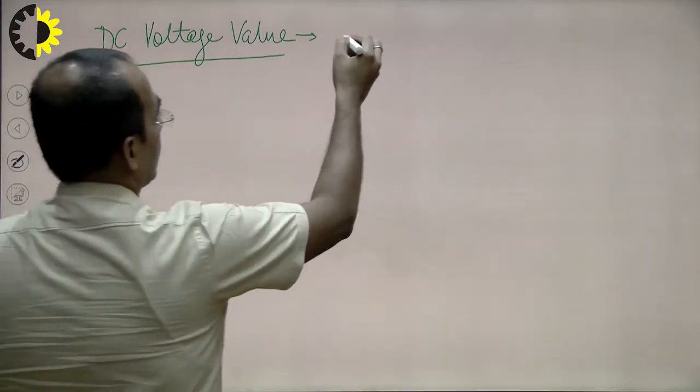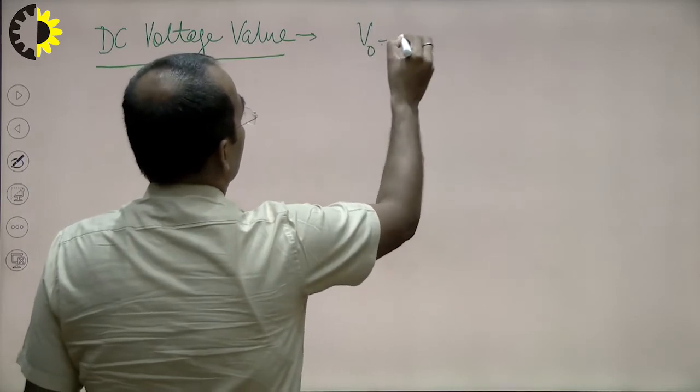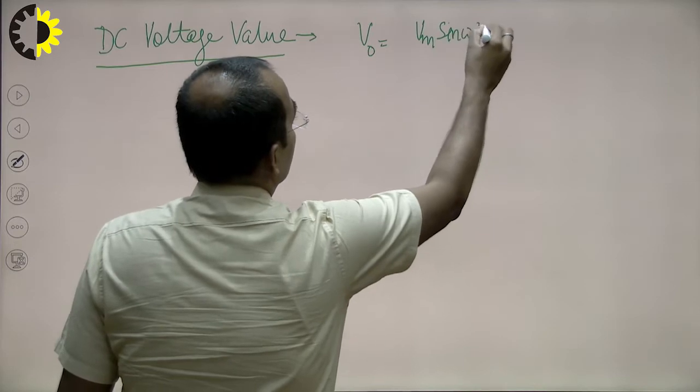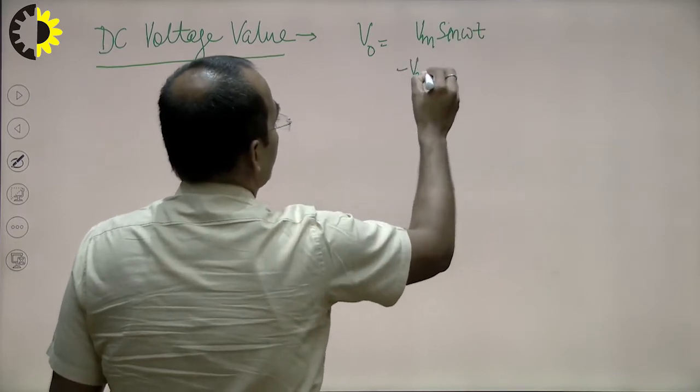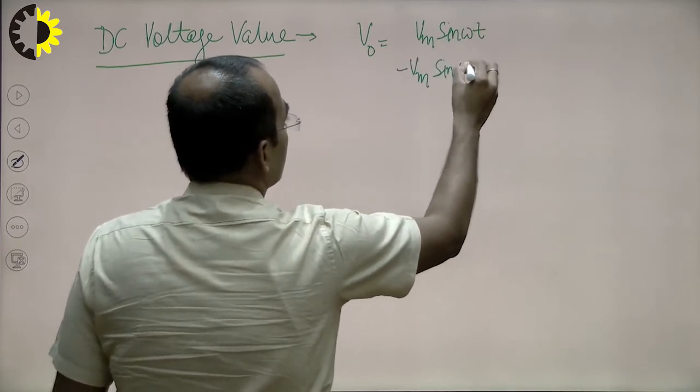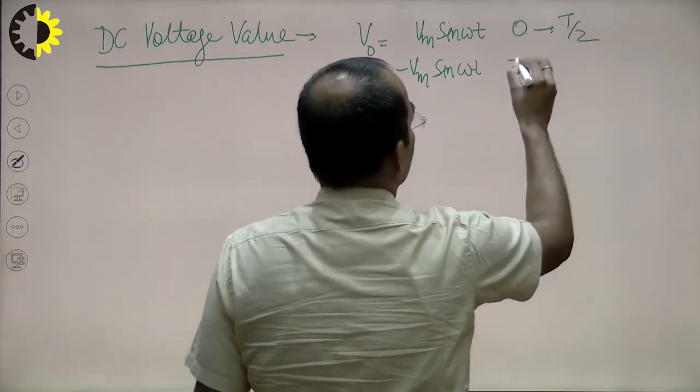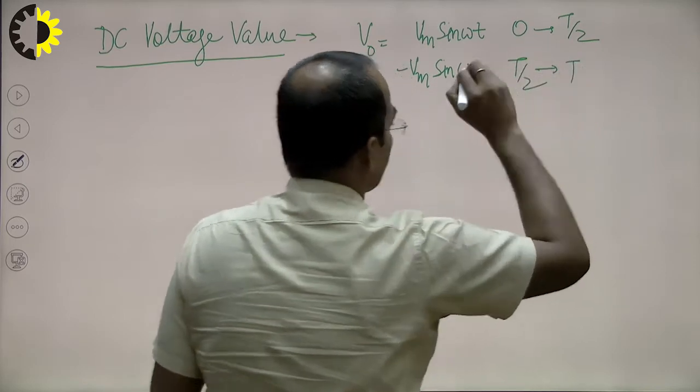So the output expression is V naught is equal to Vm sin omega t for 0 to T by 2, and minus Vm sin omega t for T by 2 to T.